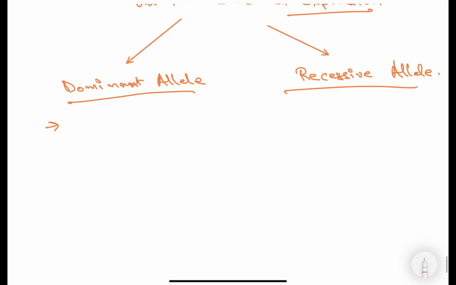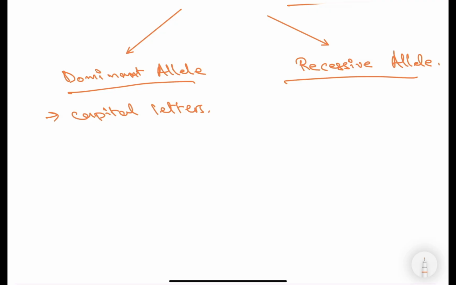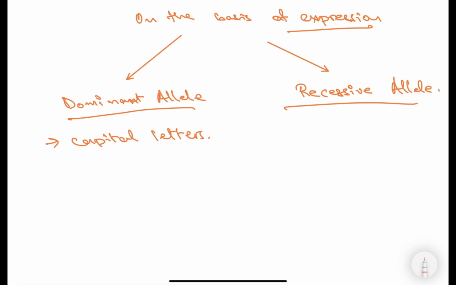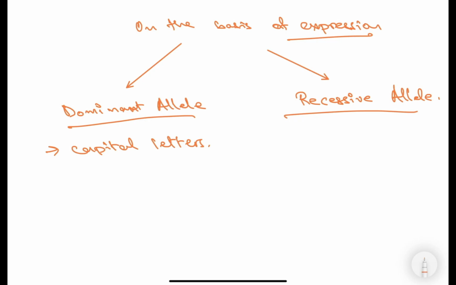It is generally written in capital letters. Suppose for the plant character of flower color, the 2 traits are purple and white, right? The allele for the purple coloration of the flower is dominant over the white coloration of the flower.